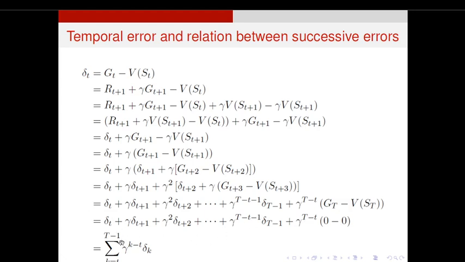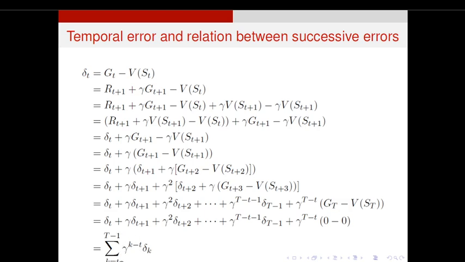I can write it in sigma notation: sigma over a variable k from t to T minus 1 of gamma raised to k minus t into delta k. When I put k equal to t, I get delta t with gamma raised to 0, which is 1.